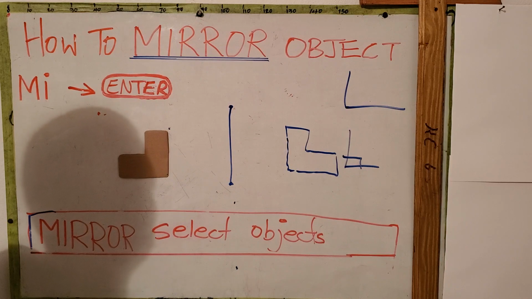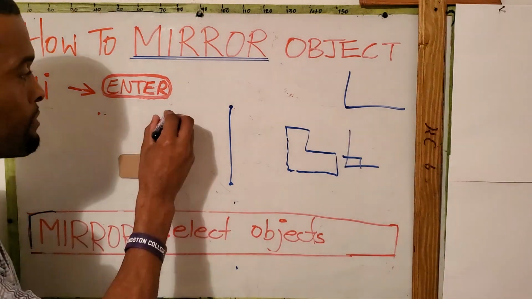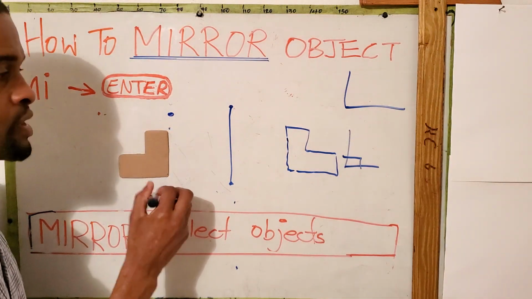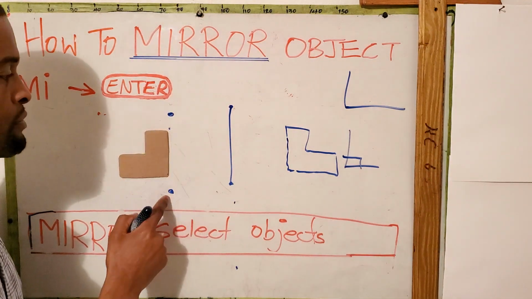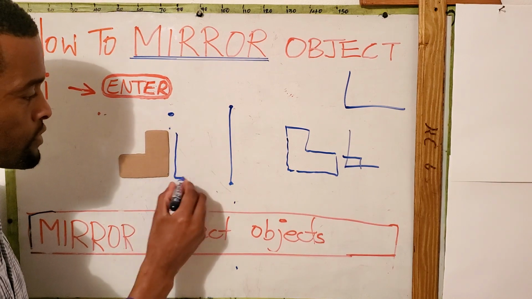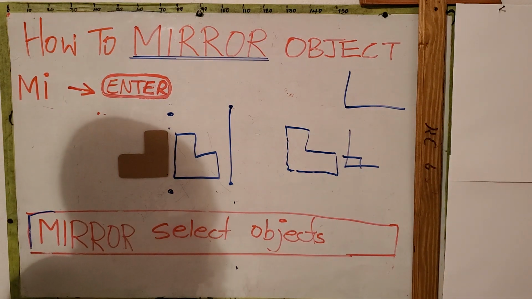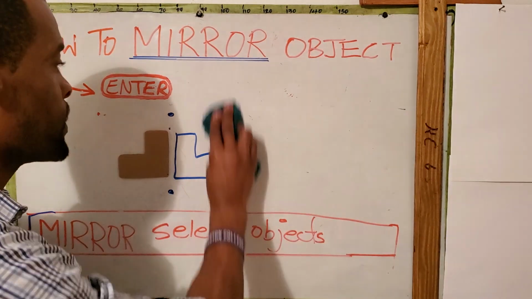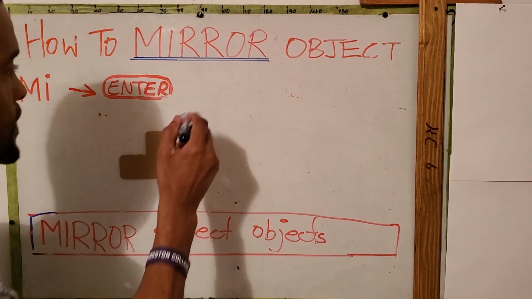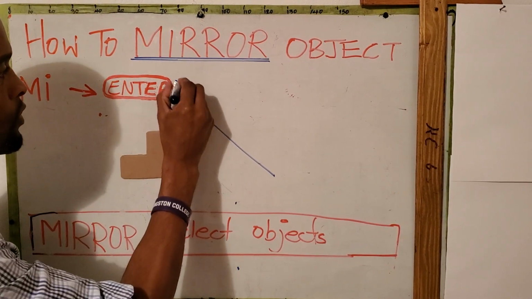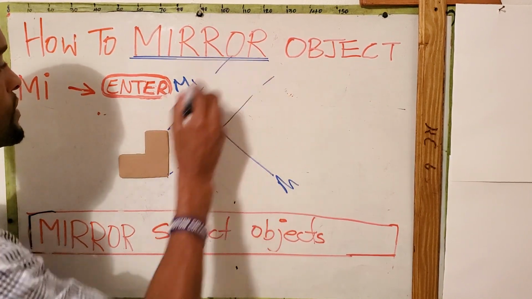Pretty simple. Two or three things that you need to be mindful of. Where you place the mirror point will determine where the other object is formed. If I place one mirror point and a second mirror point, the object will be formed here. If I choose here as a mirror point, M1, M2, these will be perpendicular to that.